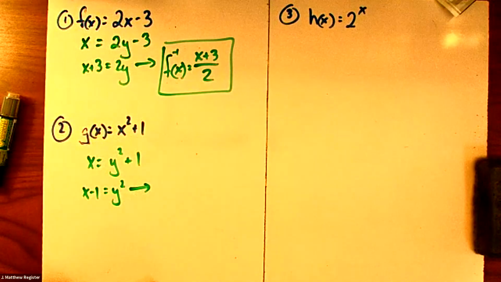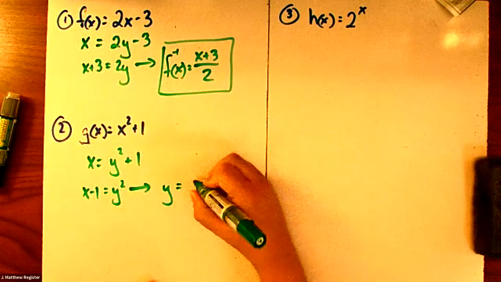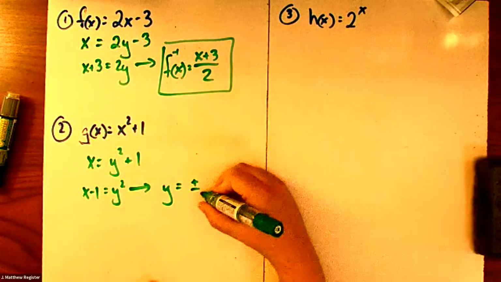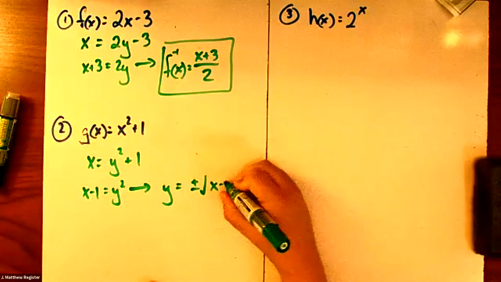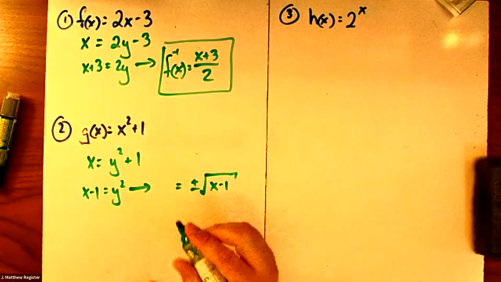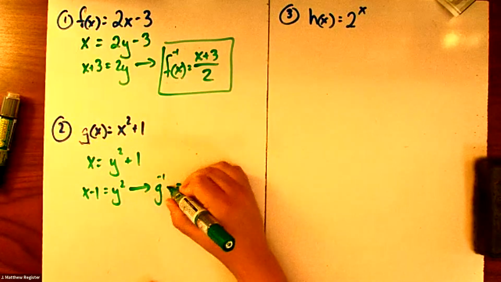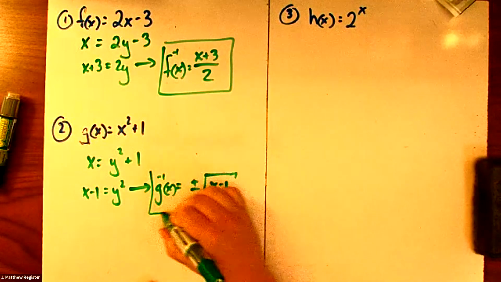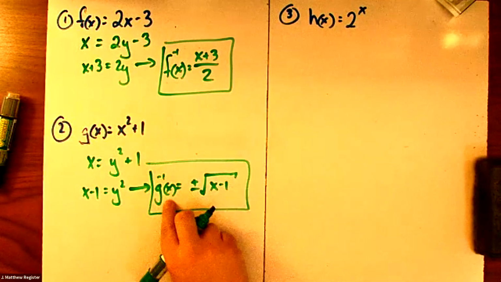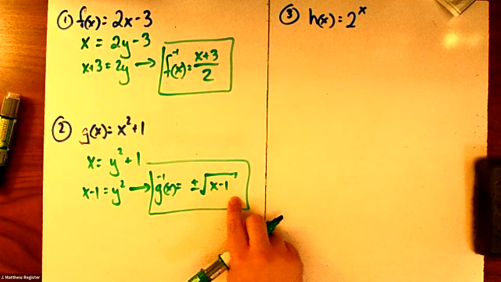And then we square root both sides. But remember, when you square root both sides, you get a plus or minus out of it. And this then is our inverse. This notation isn't the best because this kind of implies that it's a function. But plus or minus the square root of x minus 1 is very much not a function.